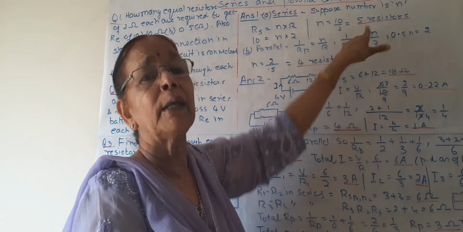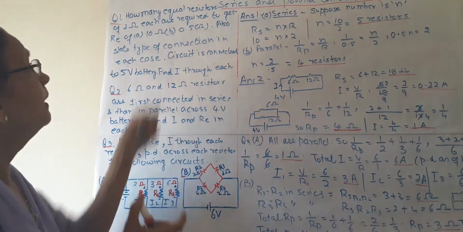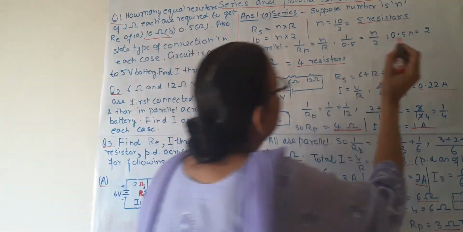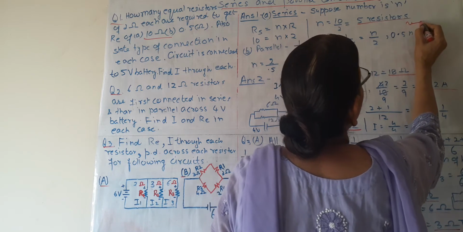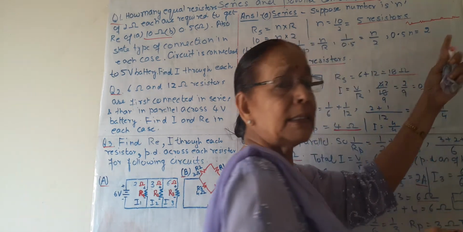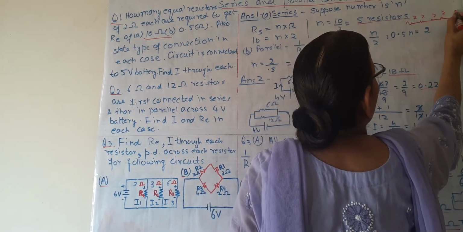So if we join 5 resistors in series, we will get this 10 ohm total resistance. You can see here, suppose this is 1, 2, 3, 4, 5. 5 resistors in series. All are 2, 2, 2, 2.